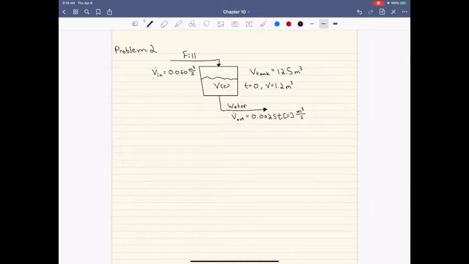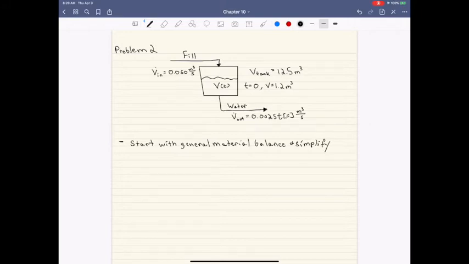And so to approach this problem, to get all the way up to being able to solve for the volume, the next thing that we need to do is write out what our general material balance equation is and then simplify that.